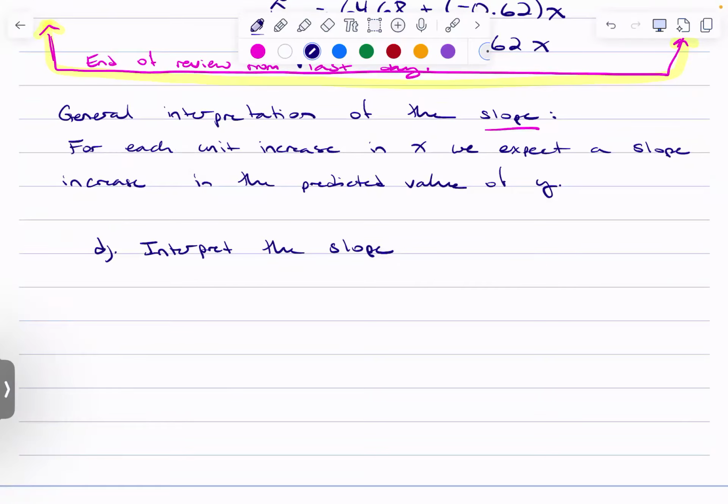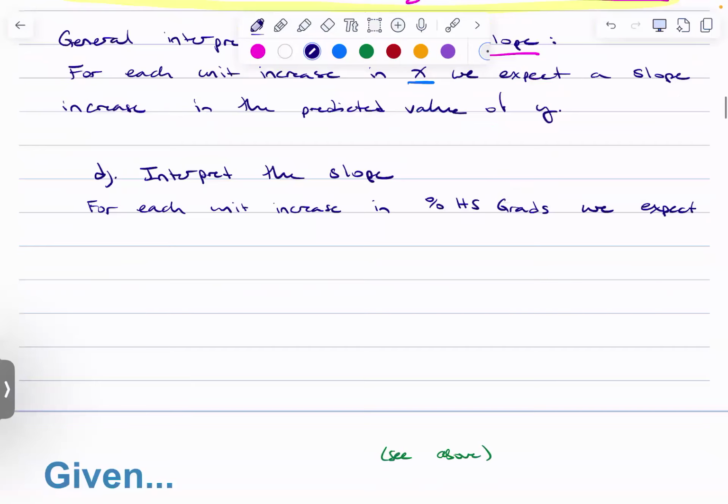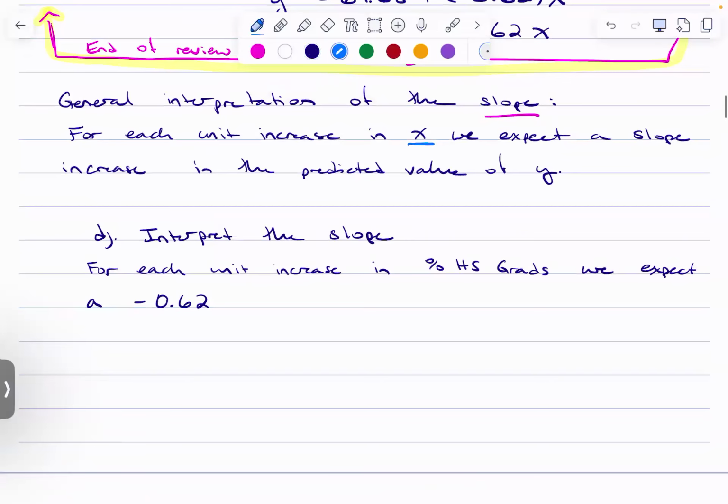So interpret the slope: for each unit increase in percentage of high school grads, that's our x, so you replace x with something question specific, we expect a negative 0.62, that's your slope.